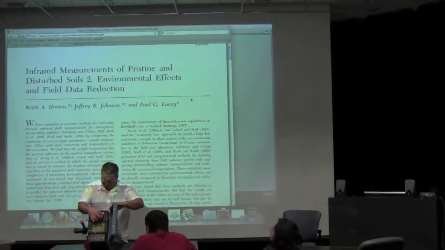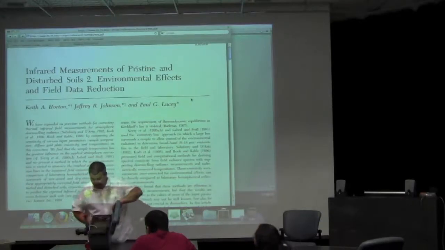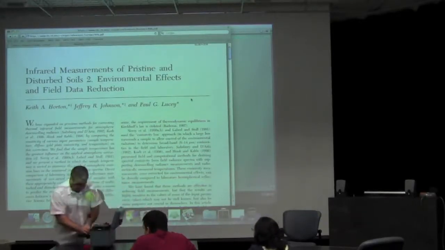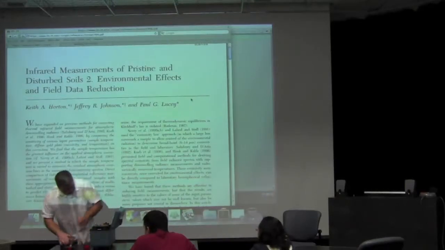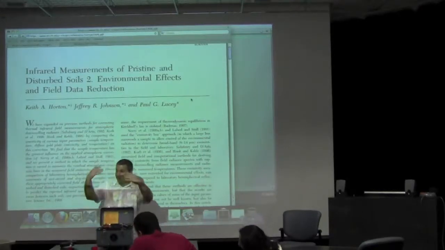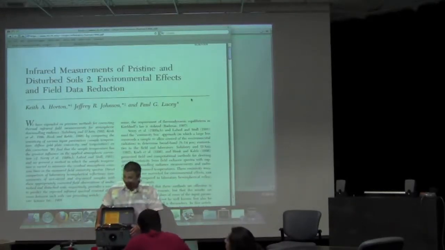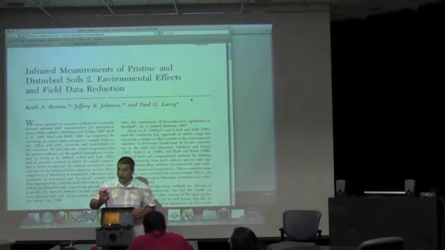There's a liquid nitrogen dewar right here. Inside is a mercury cadmium telluride detector. This is just a fore-optic on here. If you look in the little hole there, you can come up if you want to take a closer look. That's a germanium lens that goes into the dewar, and right behind that lens is the infrared detector.